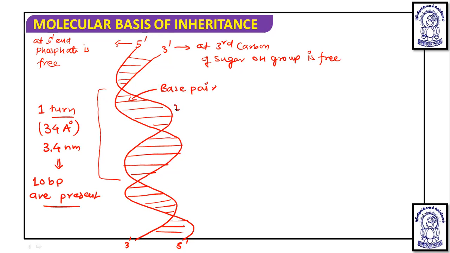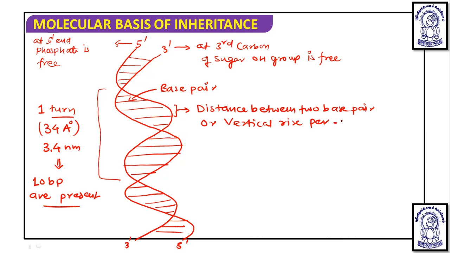And if we talk about the distance between two base pair, or we can say vertical rise per base pair, then it is obviously 34 divided by 10.